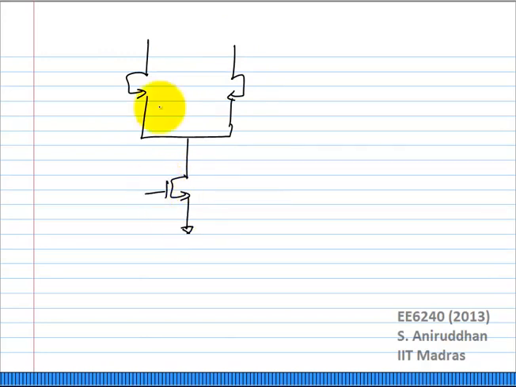Now, suppose I look at just the gate source capacitance of the LO devices. So I'll call these two devices M1 and M2, and the currents through them I1 and I2 in this direction.